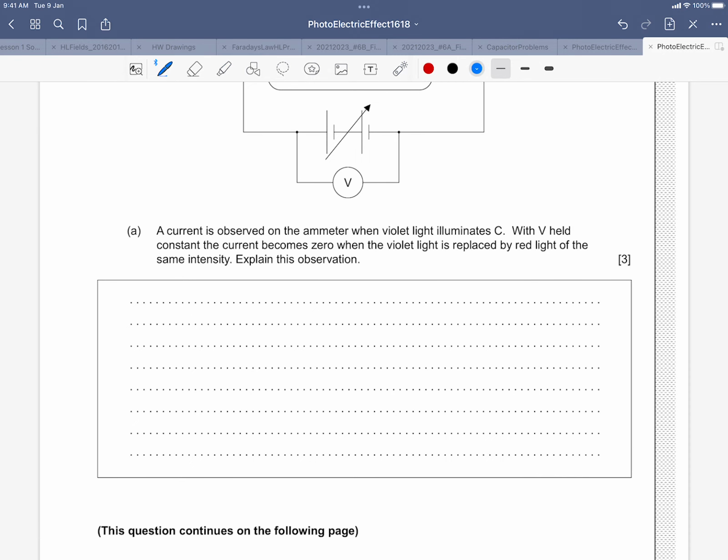So let's start by saying that photons of violet light have enough energy initially, and the energy of a photon is hf. Okay, first statement, I guess we get a point for that.